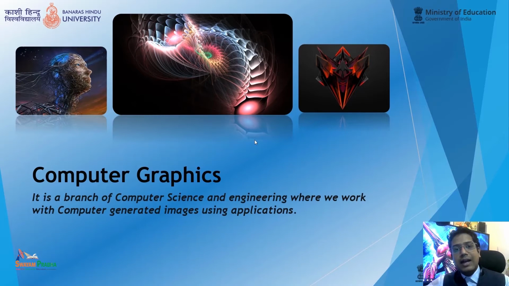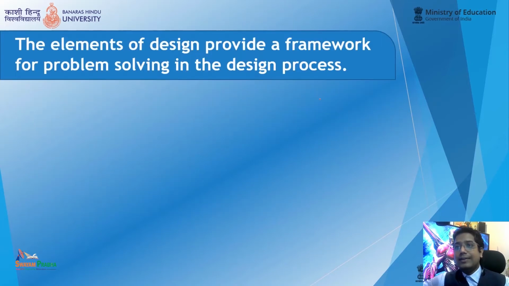Any kind of images, whether a human face, a painting, or a drawing, could all be a part of computer graphics. Here you can see an example of 3D computer graphics. This is some mechanical kind of shape, another example of computer graphics.